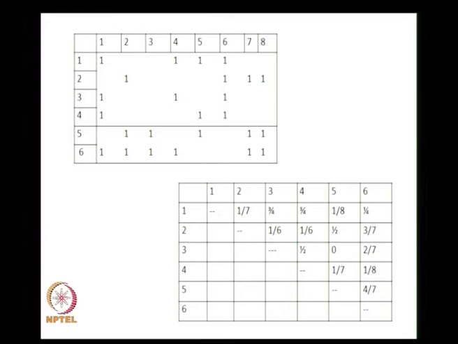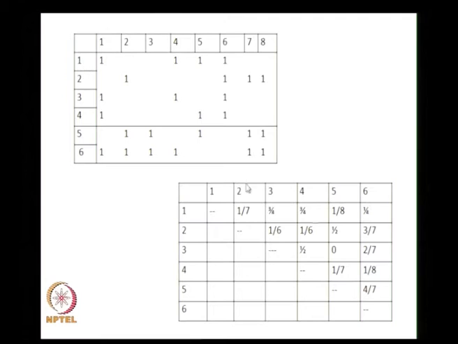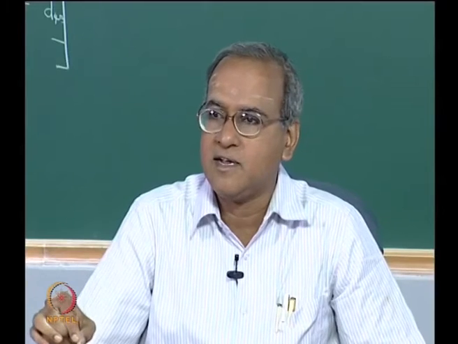If we take 1 and 2, there is only one component that visits 1 and 2. So, would we group 1 and 2 or would we group 1 and 3? The obvious answer is we would group 1 and 3 because more components visit 1 and 3. So, higher the similarity, they will come into the same group.